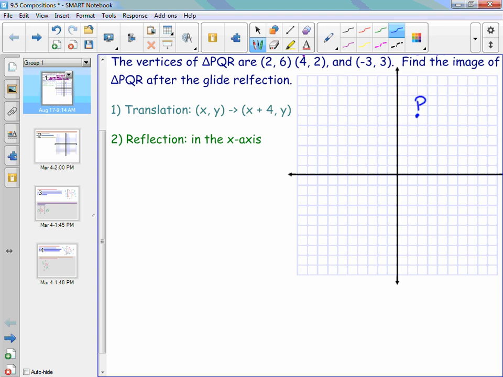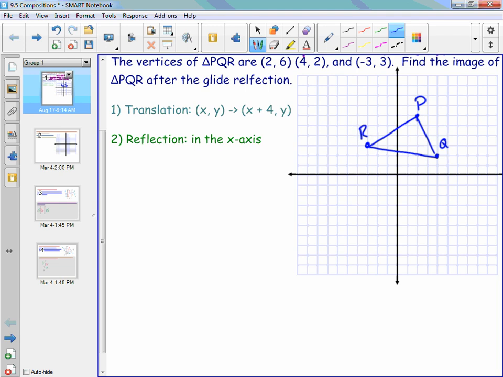We have point P, Q, and R. So we have PQR. It says find the image of PQR after the glide reflection.